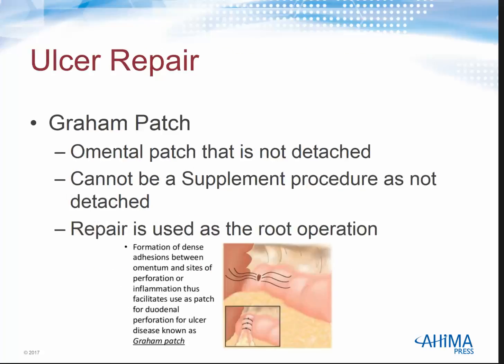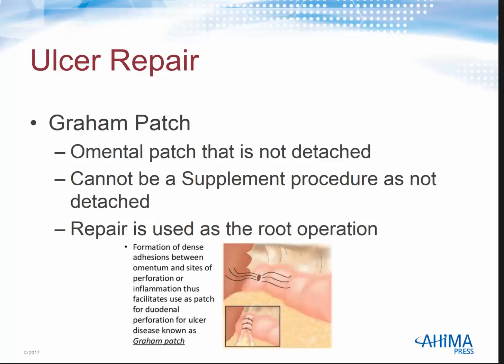In your textbook then, moving forward, the next area she talks about is ulcer repair using something called a Graham patch. She talks about the fact that this is not a supplement procedure, but a repair. Because in this case, they're also using sutures and pieces of an omentum, which is an anatomical piece of the patient's body.